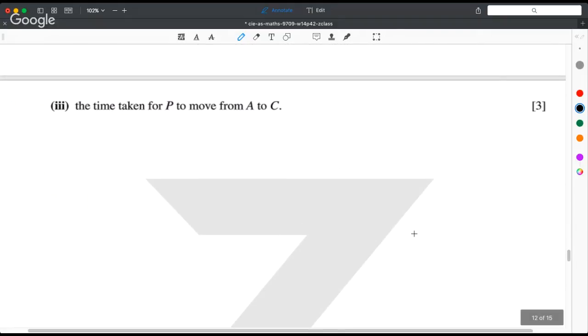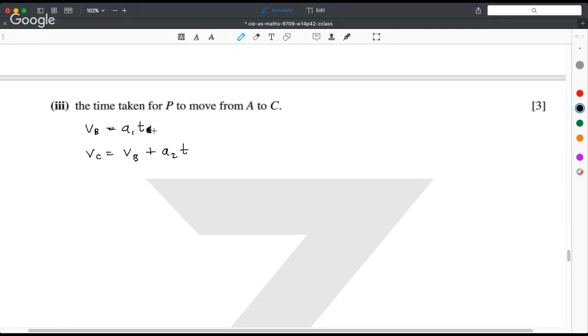So now they want us to talk about the time taken. So we know that because it starts from rest, that means that at B, the velocity is going to be equal to A1 times the time taken to get from A to B. Great. And the velocity at C is going to be equal to the velocity at B plus A2 times the time.